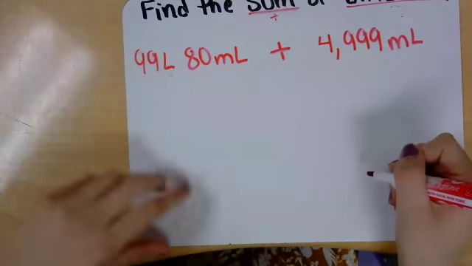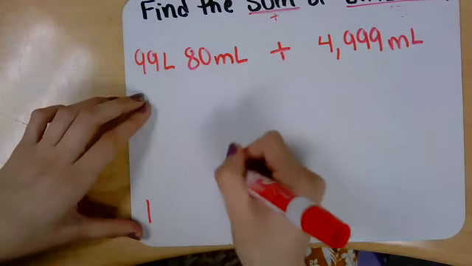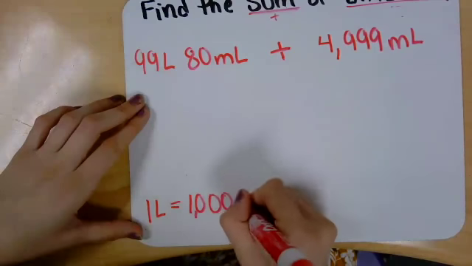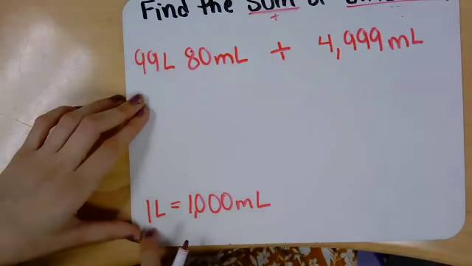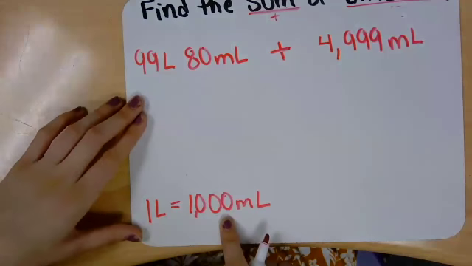Okay, so remember, there are 1,000 milliliters in every liter. Okay, 1 liter equals 1,000 milliliters.